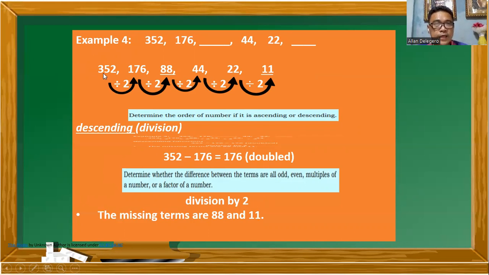So 352 divided by 2 is 176. 176 divided by 2 is 88. 88 divided by 2 is 44. 44 divided by 2 is 22. Then 22 divided by 2 is 11. So the missing terms are 88 and 11.